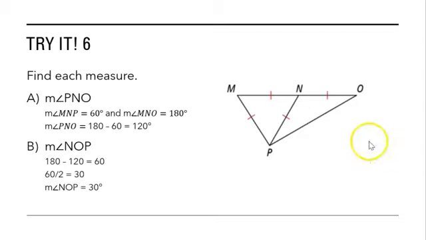In Part B, I used the 120 degrees that I just figured out to find my missing measurement. I know that this is a triangle, so I have to do 180 minus 120, which is 60. And that's going to be the sum of this angle plus this angle. And I know these two angles are congruent because this is isosceles, because of these two tick marks. So all I had to do is 60 divided by 2 to get 30. And that's the measure of the angle that I needed.